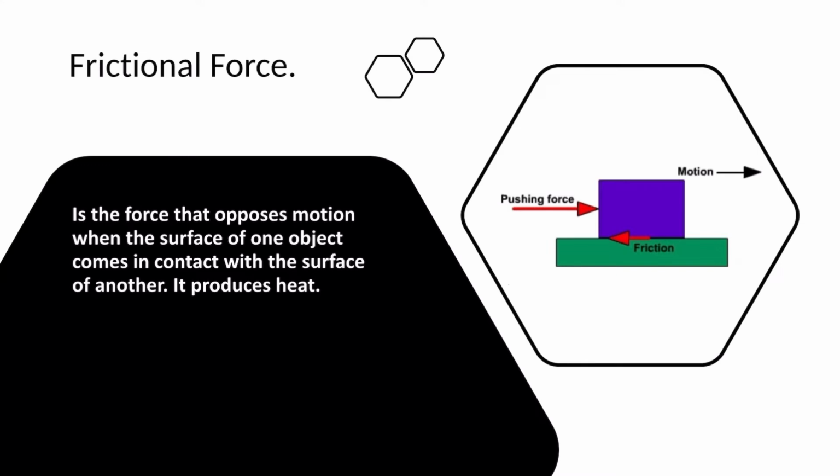One characteristic of this frictional force is that it always opposes motion. So whenever two objects are in motion, the direction of frictional force acting upon the object in motion is opposite to the direction of motion.